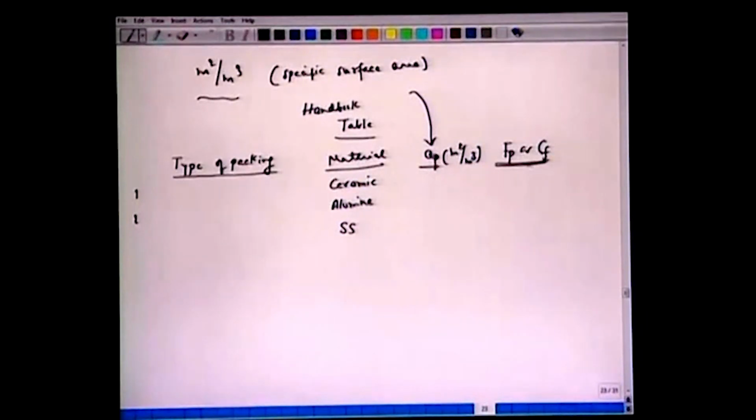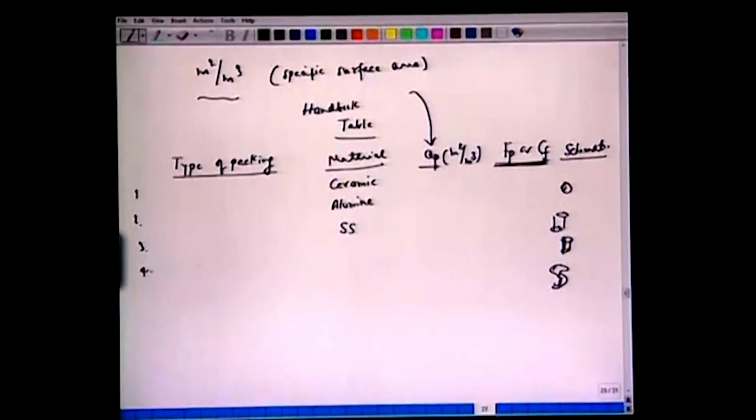They are used in some design calculations, etc. And then you will see a schematic of these packings, whether they are spherical, or Raschig rings, or Lessing rings with partitions, or Berl saddle, etc. So it's recommended that you go through these tables given in most of the textbooks.